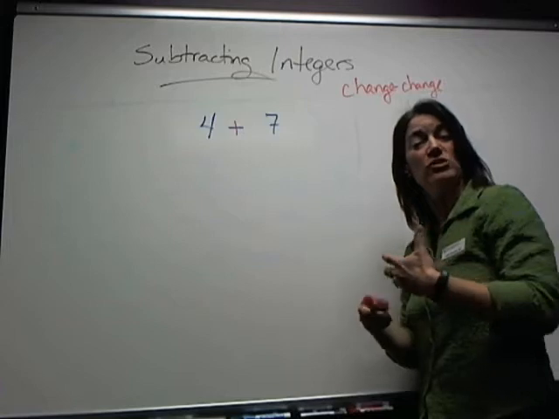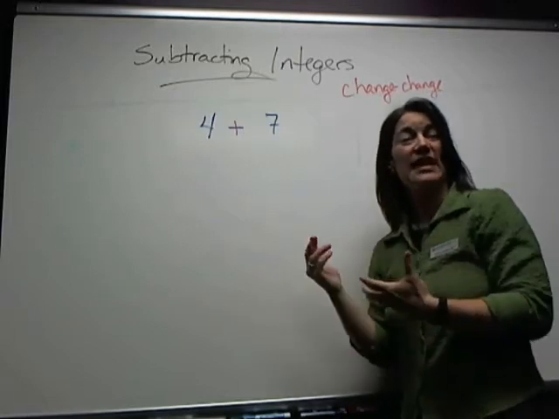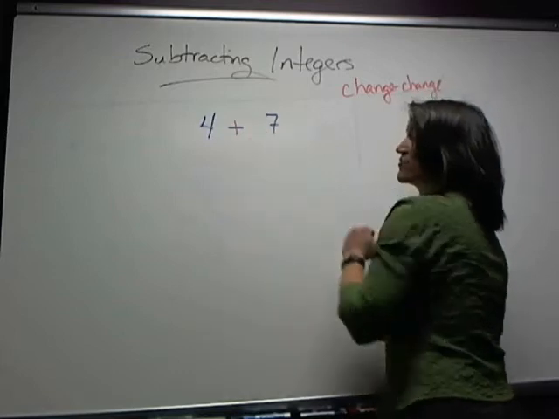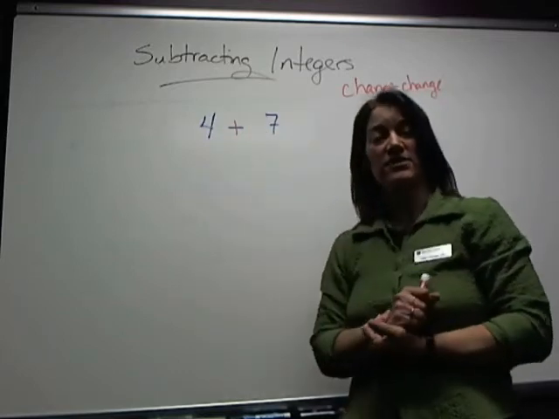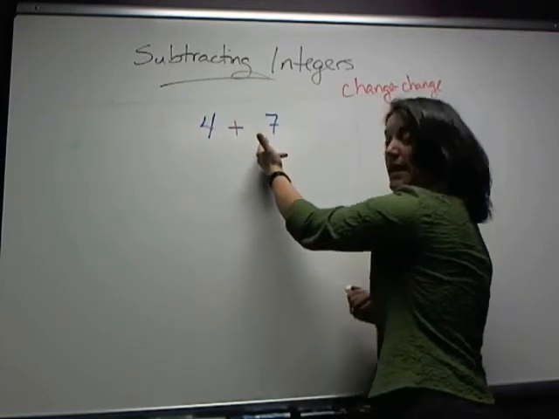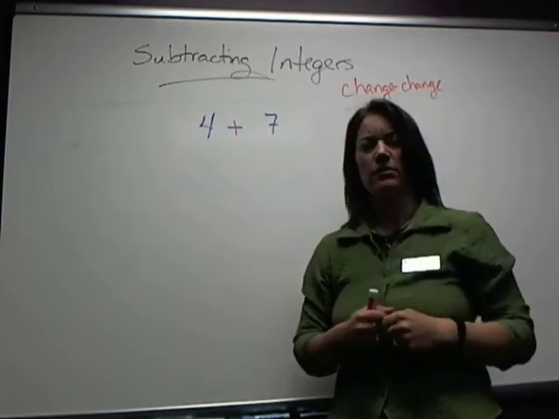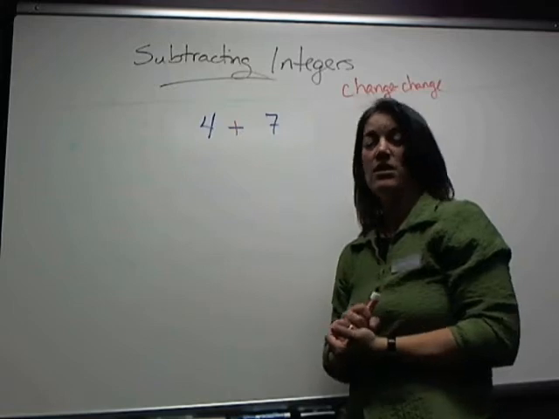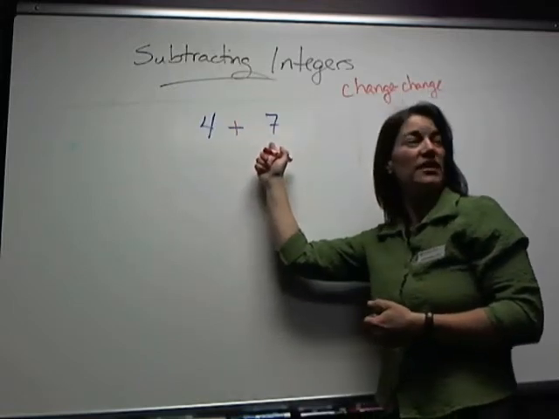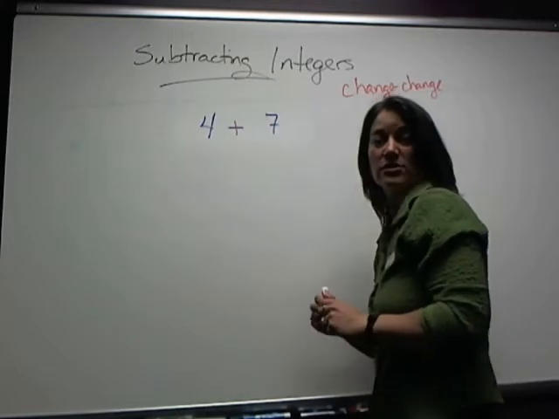Now, the next thing I'm going to do is change the sign on the number that's after the subtraction. The 7 here doesn't have a sign in front, which means that it's a positive 7. So our original problem was this positive 4, and we were subtracting a positive 7 because there was no sign in front of that. So now that I changed the subtraction into addition, I need to change the sign on the number that's right after our subtraction.